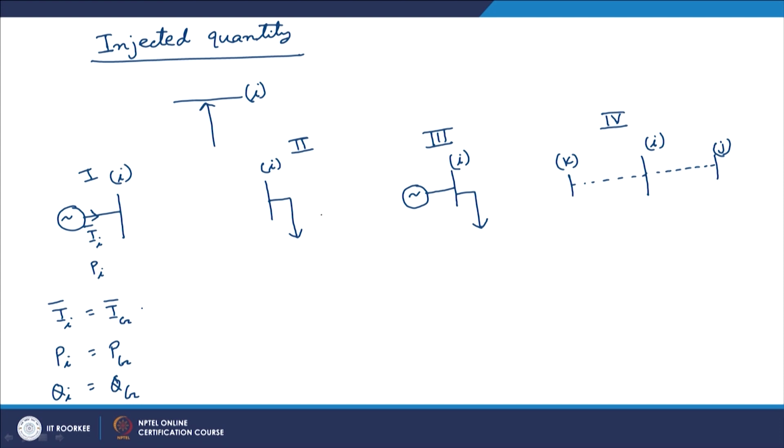Now, in the second case, when there is a load connected, a load physically draws current or power, both real and reactive, out of this bus. So the direction of flow of this current, real power or reactive power is away from the bus.